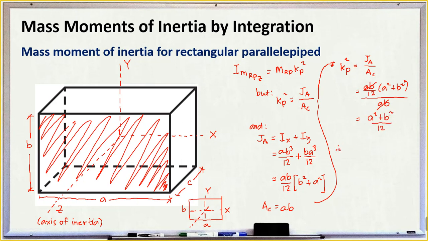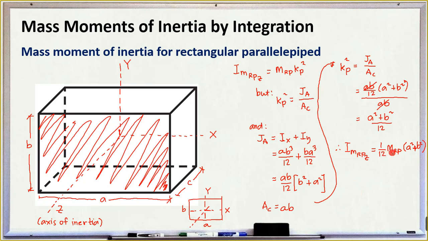So, therefore, our mass moment of inertia for a rectangular parallelepiped along the z-axis is equal to 1 over 12 times the mass of the rectangular parallelepiped multiplied by the sum of the squares of the sides a and b. Now, how about for the other axis?